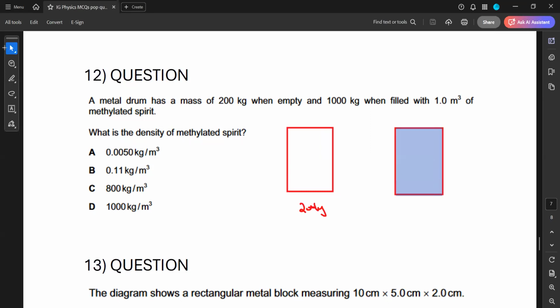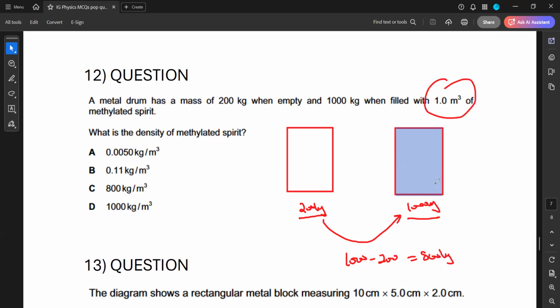So what is the amount of the liquid inside? 1000 minus 200, because originally it is 200, the empty one, and the filled is 1000. The mass has increased, and that is due to the liquid. So the mass of the liquid is 800 kilograms, and the volume of the liquid is 1 meter cube. To get the density, mass over volume, so 800 divided by 1, you will get 800 kilograms per meter cube.